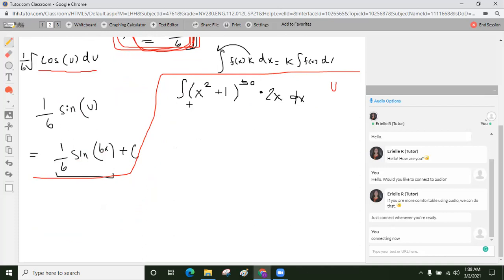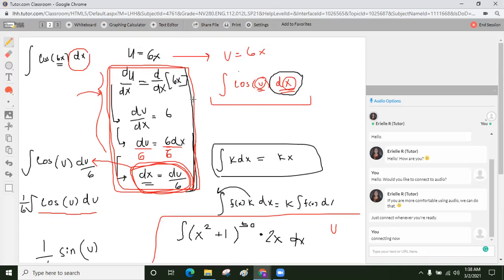You should let u be a function wherein if you took the derivative of that u, you will be able to get the derivative inside the integrand. Right. So it is part of the function that you are working with. But that is not the case in the previous example. Yes. It doesn't matter for the other example, since the derivative of 6x is just a constant 6.